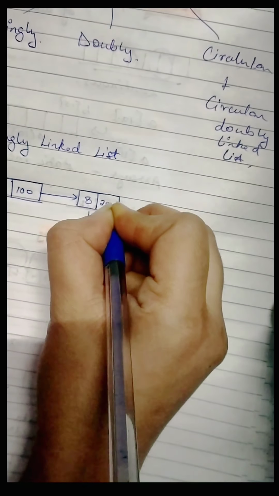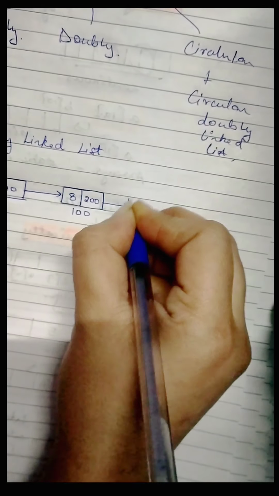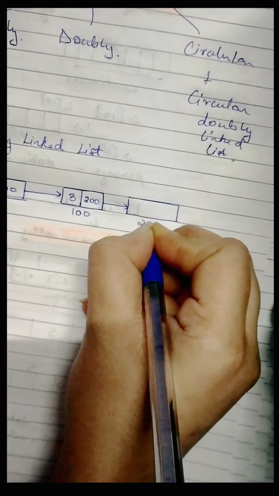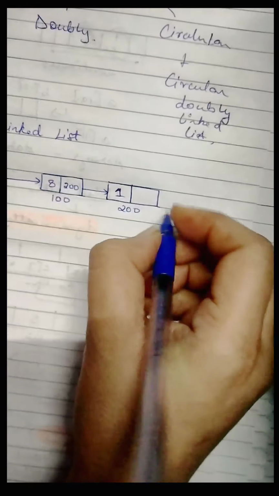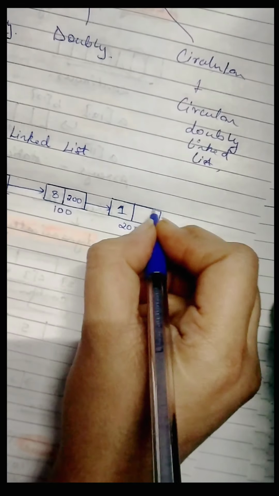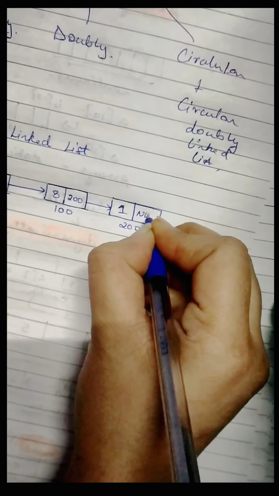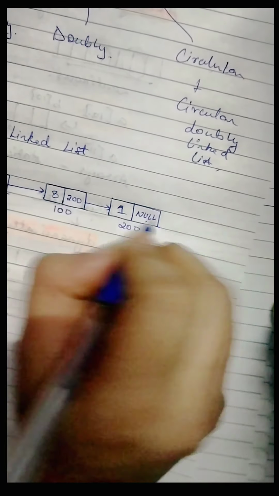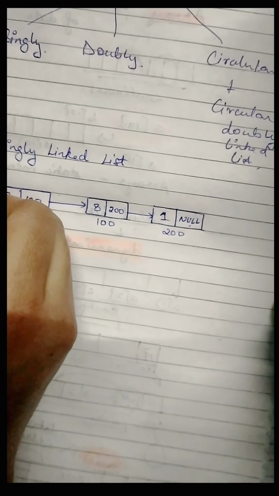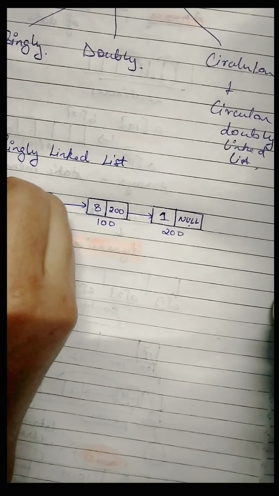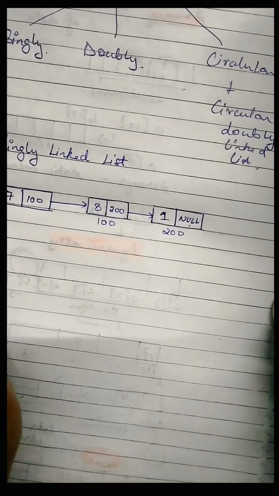This will point to some other memory space which will eventually point to some other data, and so on. If this is the end of the linked list, it will consist of null. That is, no data is there, no address is there. This is pointed by start. That means this is the start of the linked list.